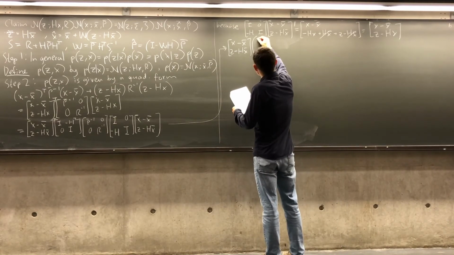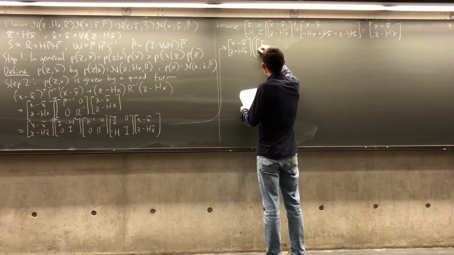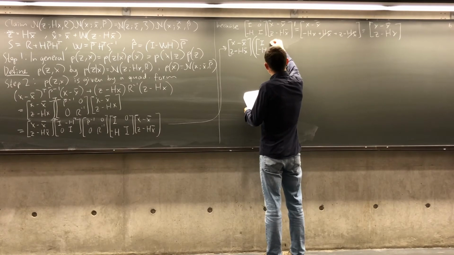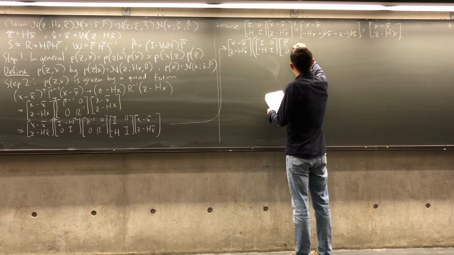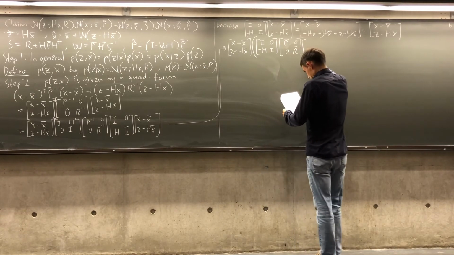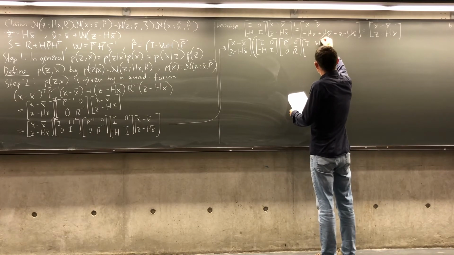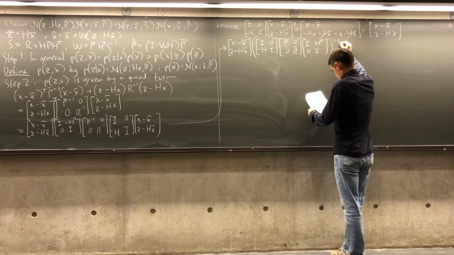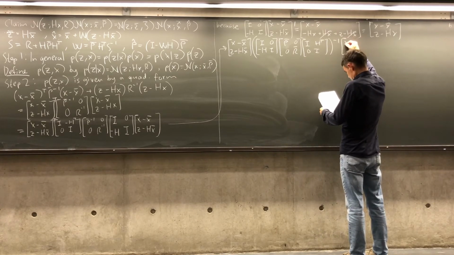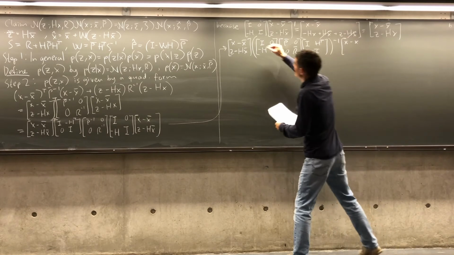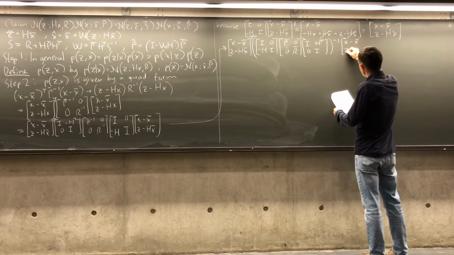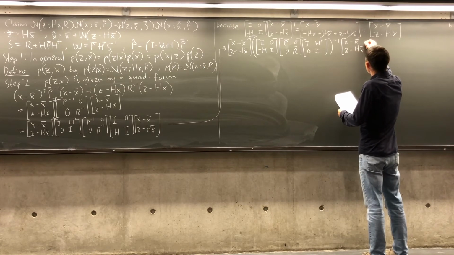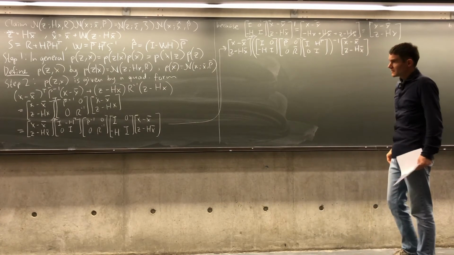Then it's going to be looking like this. Again, x minus x bar, z minus H x bar. So how does that work?